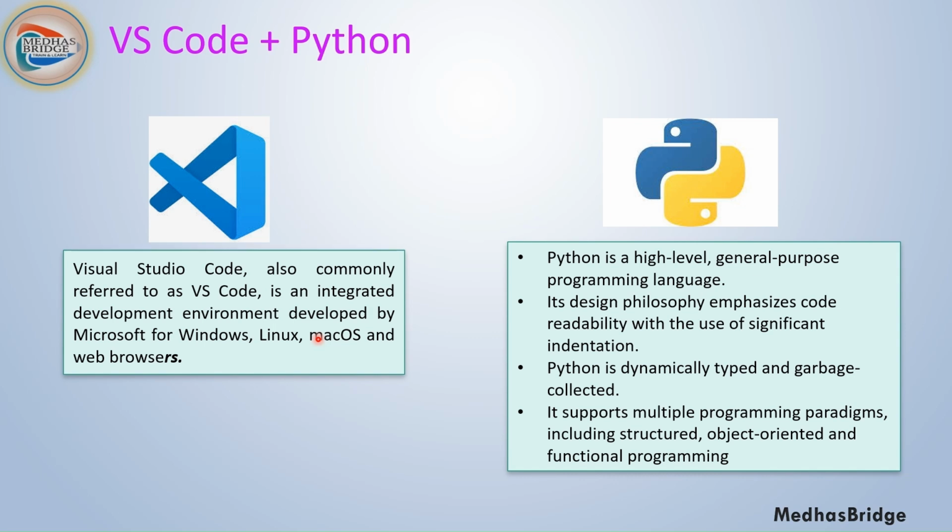So I would be using VS Code along with Python for this entire learning path, and hence I am reiterating, VS Code is also known as Visual Studio Code. It is an integrated development environment developed by Microsoft for operating systems like Windows, Linux, macOS, and also web browsers. Along with it, what we would be needing is Python.